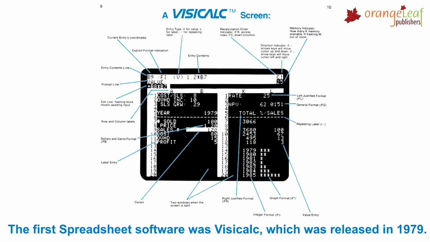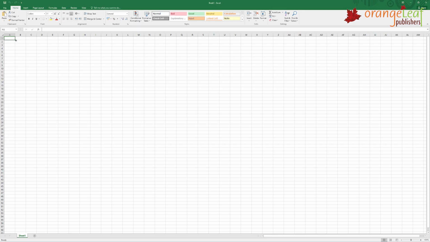A small fact hunt. The first spreadsheet software was VisiCalc, which was released in 1979. These are the components of Excel window. You have a screen spreadsheet, children, and then you have a quick access toolbar, a title bar, a dialog box launcher.